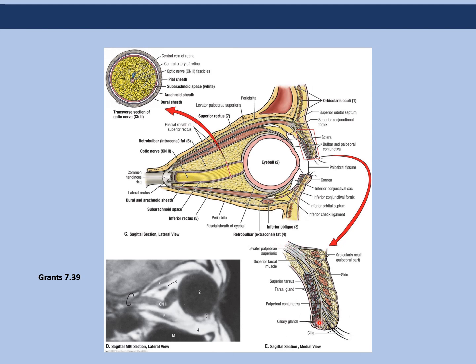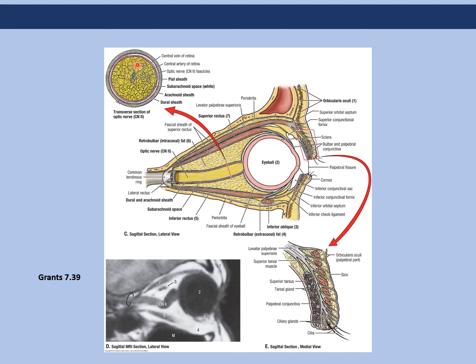You can really appreciate these tarsal glands within the superior tarsal plate shown here, and then the orbicularis oculi, the palpebral part, also on the anterior surface of the eyelid.